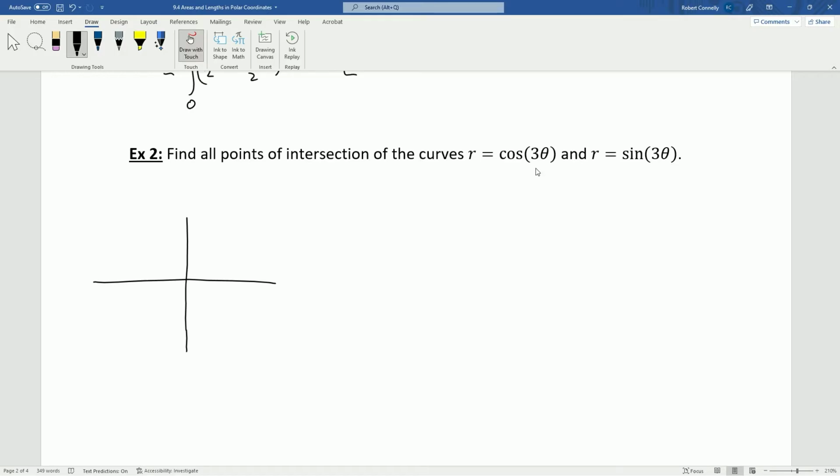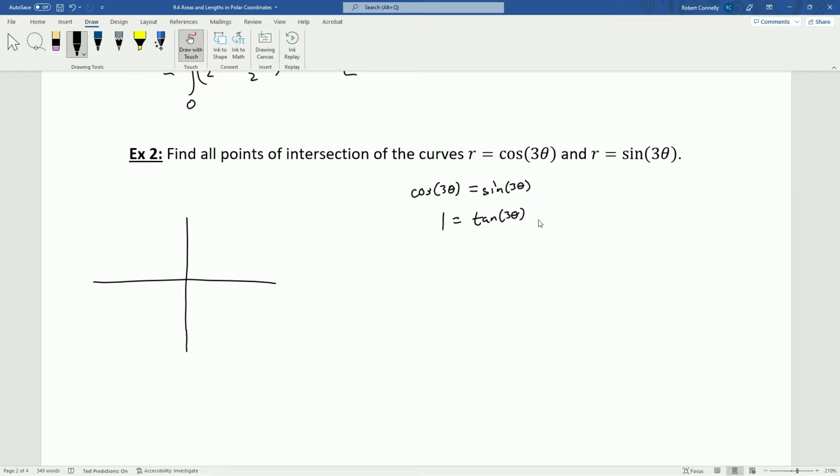But let's go ahead and start with the simple thing, which is setting our equations equal. So cosine of 3 theta equals sine of 3 theta. So we'll find out what r values these are equal for. Whenever their r values are equal, what does that give us? Well, if I divide by cosine across here, I get tangent of 3 theta equals 1.